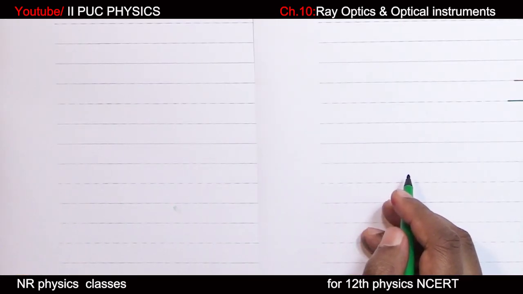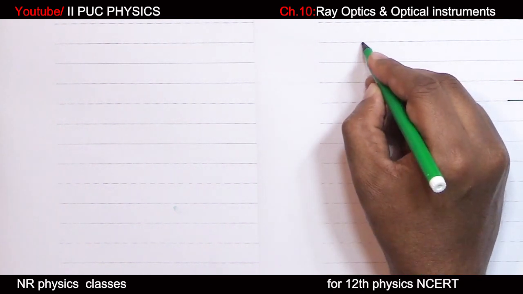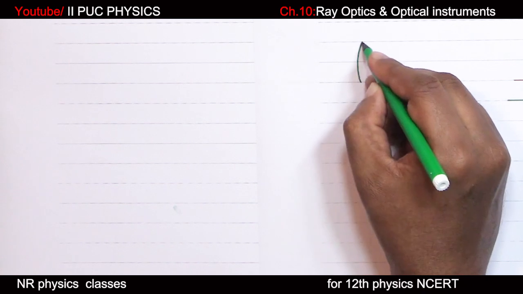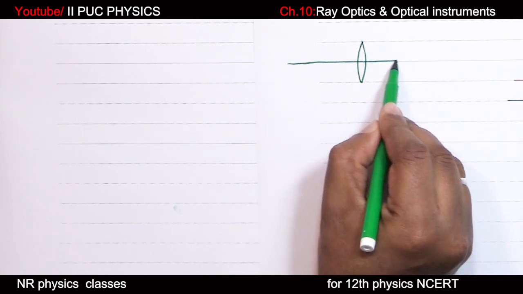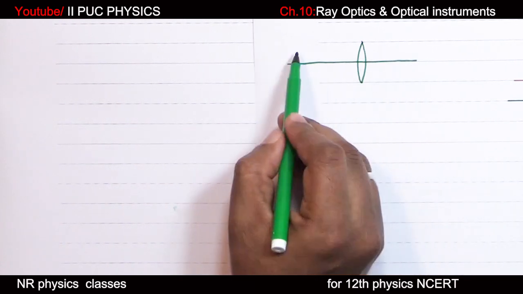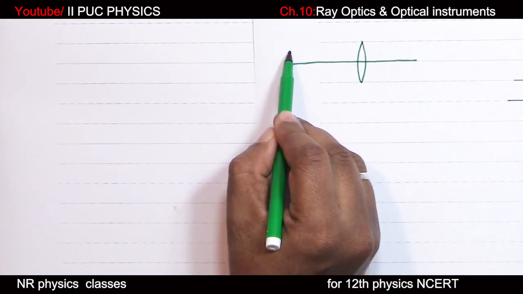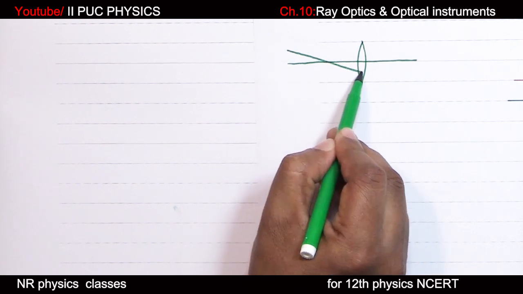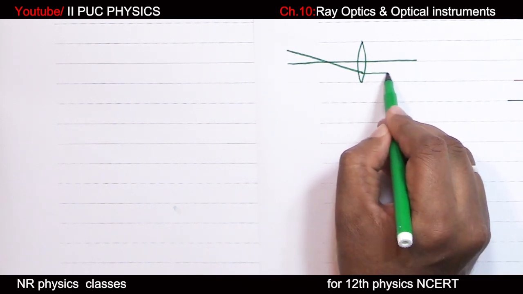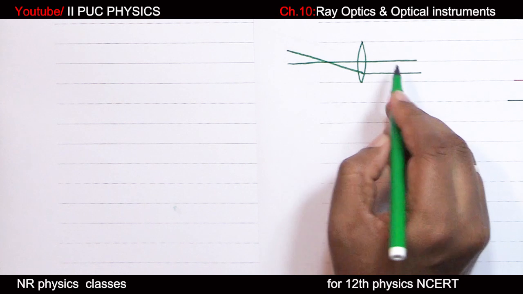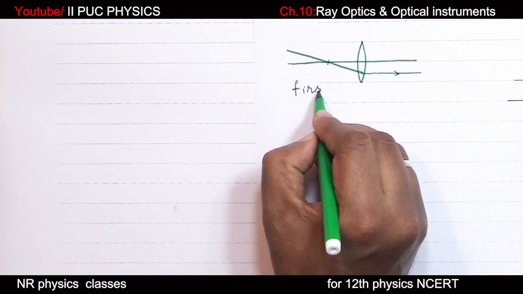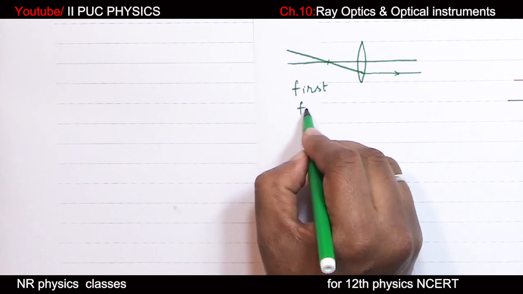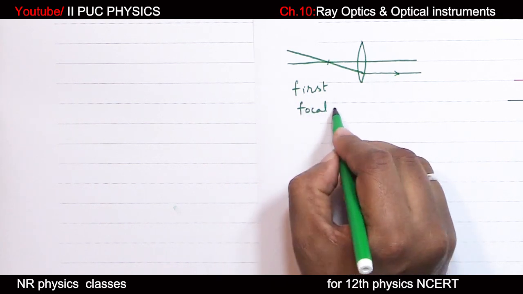Now, first focal length and second focal length. If this is a lens, this is the principal axis, this is the incident ray. After refraction, if the ray is parallel to the principal axis, then this point is called the first focal point.